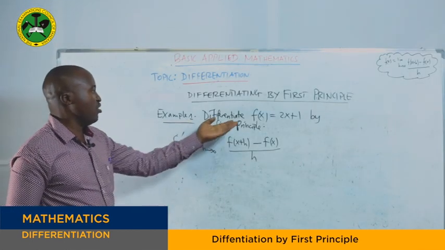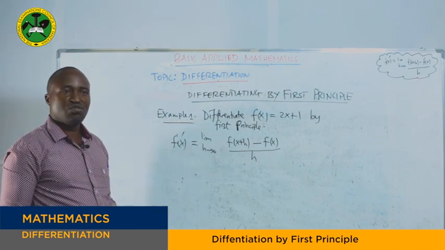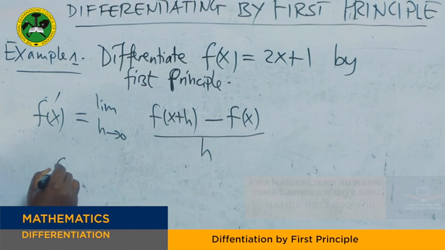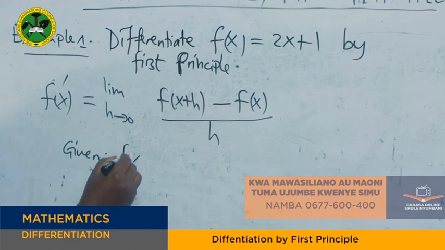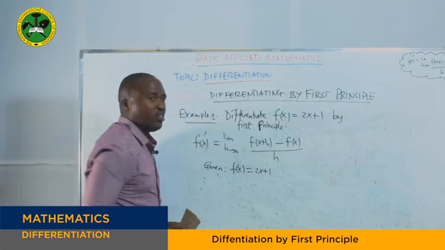Now, in our question, we have the function, f of x equals 2x plus 1.